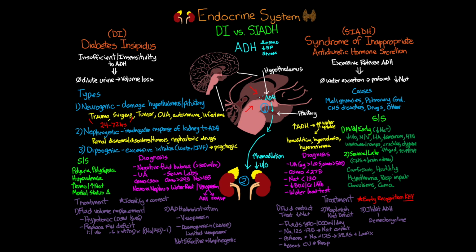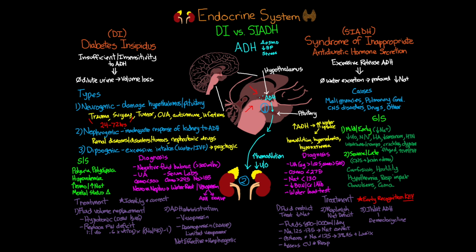And with the treatment that we give, early recognition is truly key in preventing these life-threatening complications. The treatment that we're going to be providing to them is restricting their fluids, replacing that profound hyponatremia, and possibly even stopping the action of the ADH.